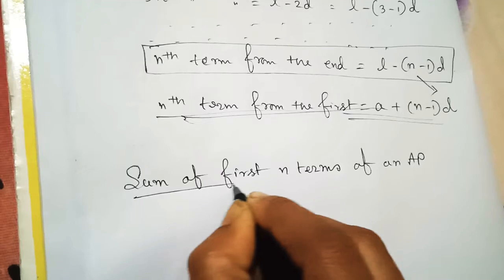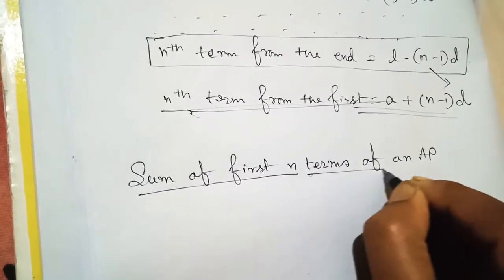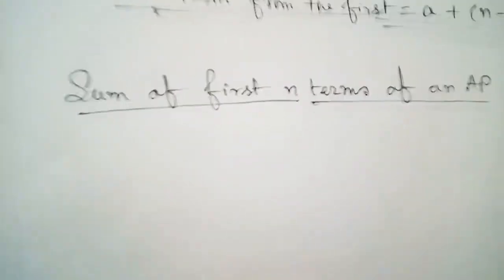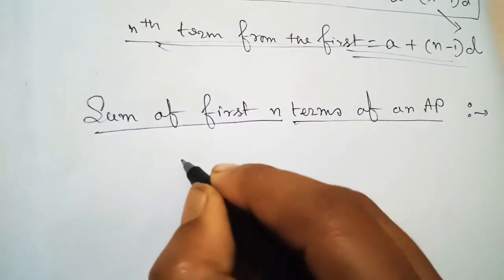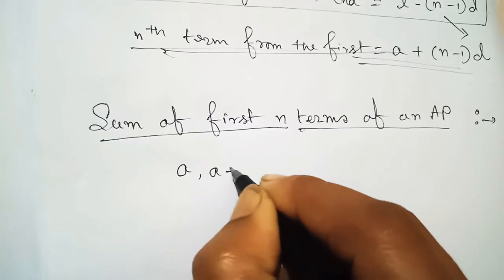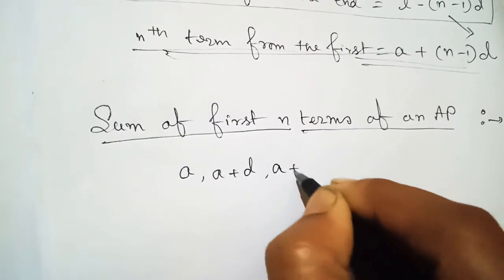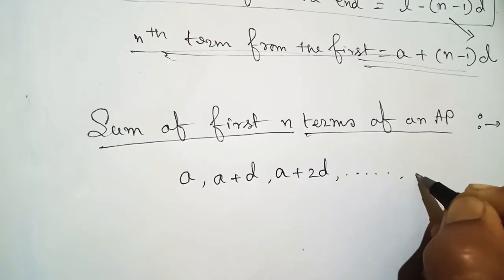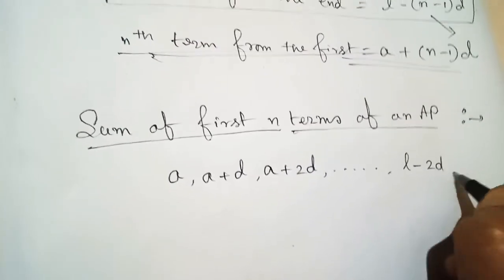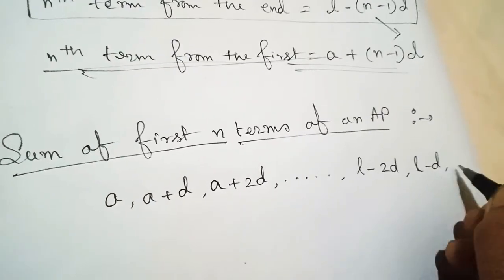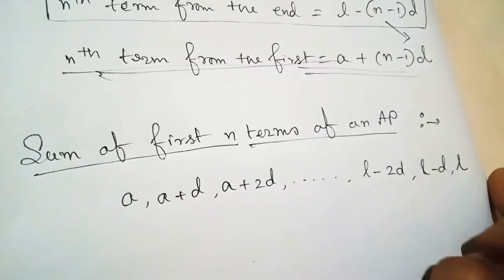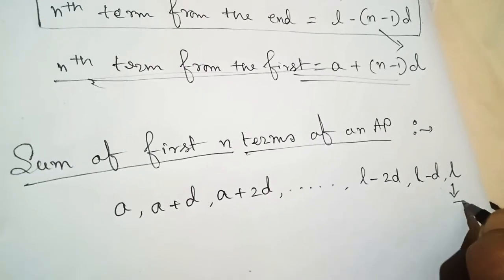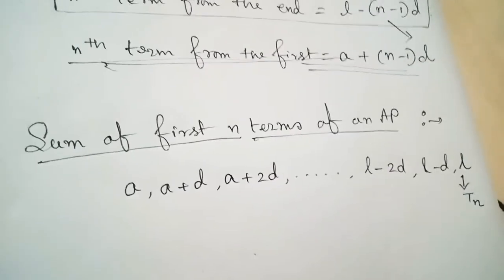So for this, we can write one AP like a, a plus d, a plus 2d, dot dot dot, L minus 2d, L minus d, L. It can be written like this, where we have taken L as Tn, the nth term.